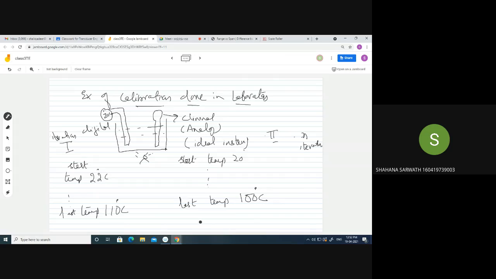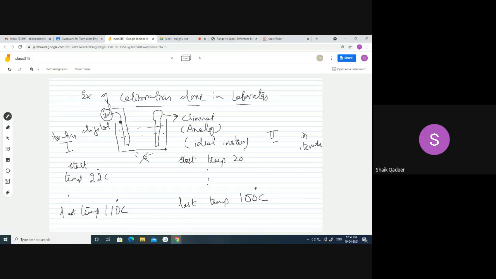Usually in the laboratory we do calibration once or twice. After that we mention that the instrument under measurement has this much error. Consider that error and add it at the end, after measurement.